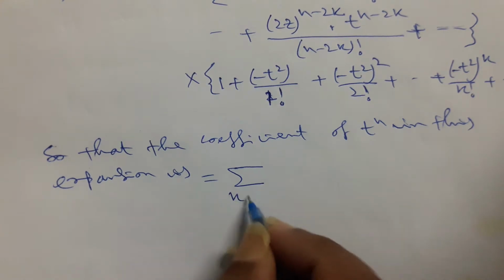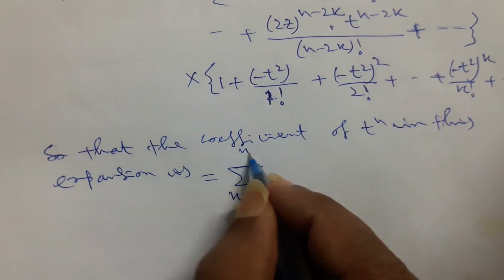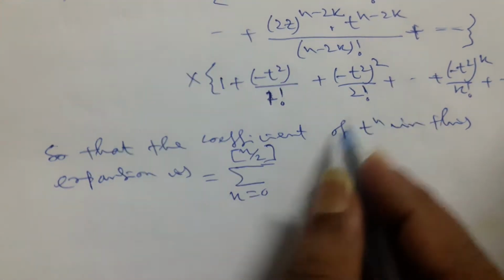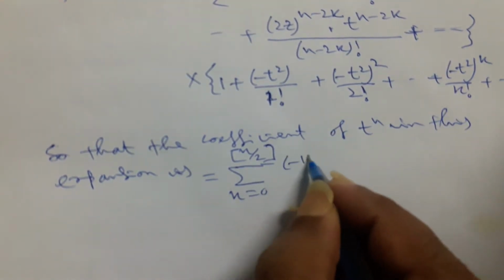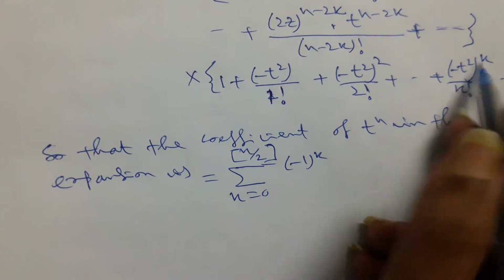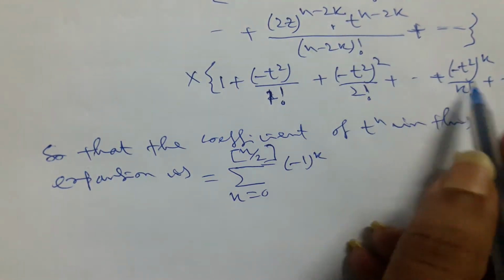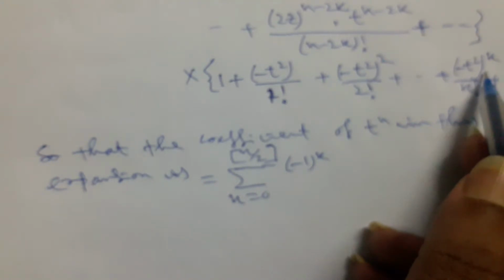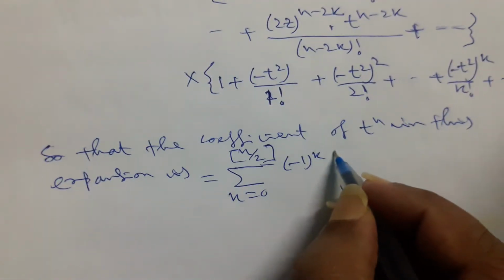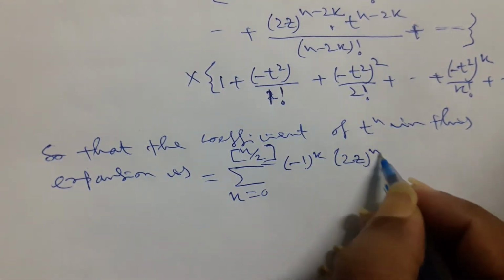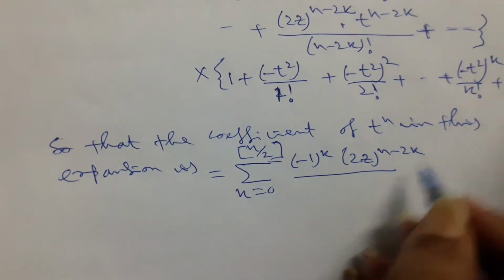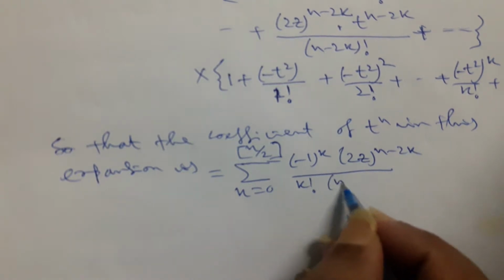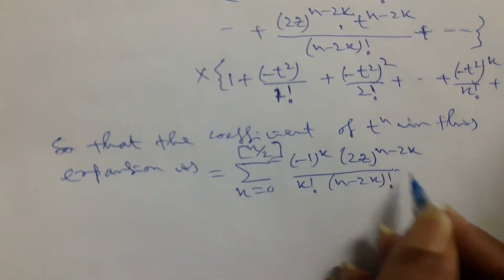So the sum of k equals 0 to the box of n by 2, and if we multiply minus 1 whole to the power k and t to the power 2k into t to the power n minus 2k, that is the t to the power n coefficient. And here we can calculate 2z whole to the power n minus 2k, over k factorial into n minus 2k factorial.